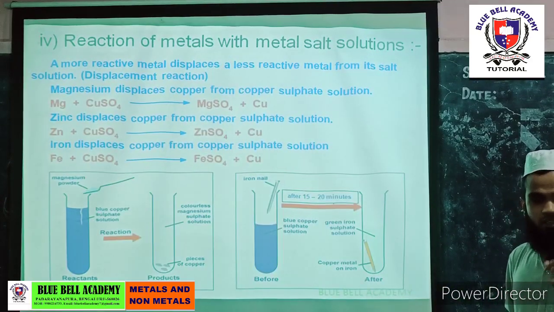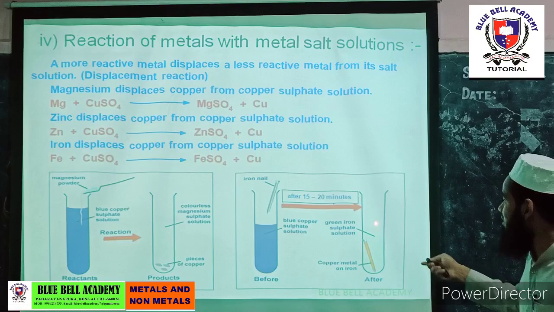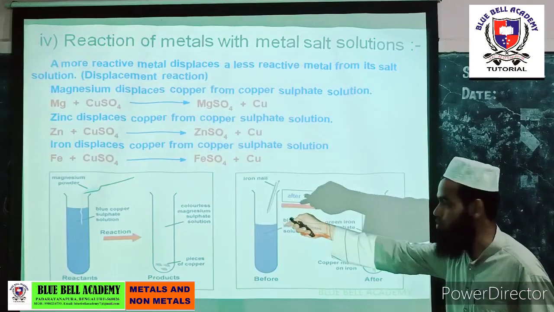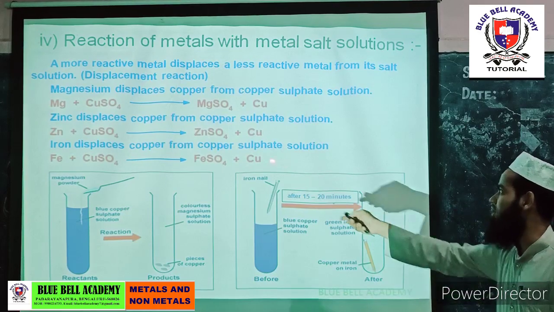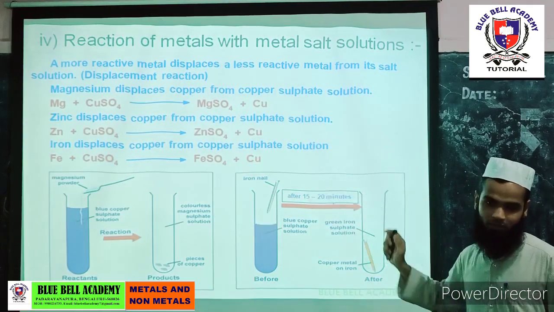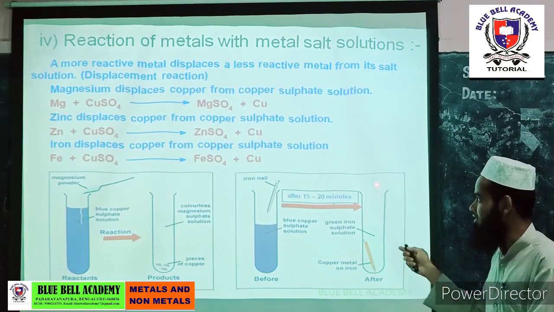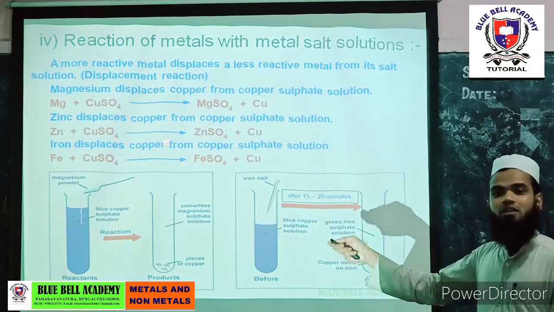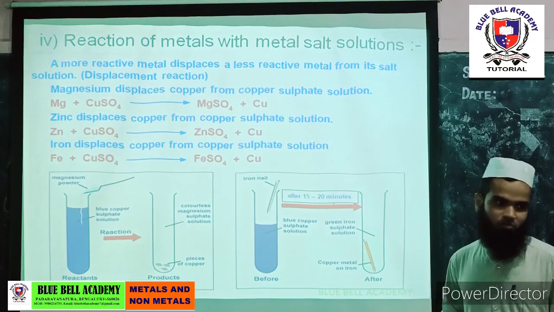The green color indicates that the solution now formed is iron sulfate solution, and copper has been deposited on the iron. This is a clear illustration that a more reactive metal displaces a less reactive metal.